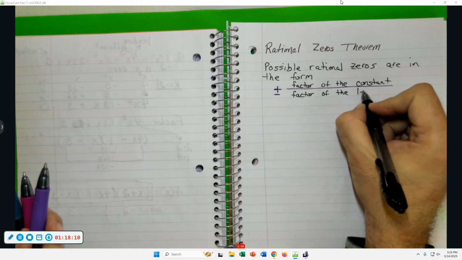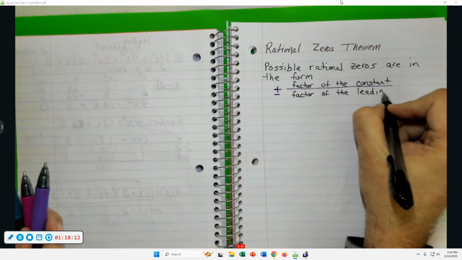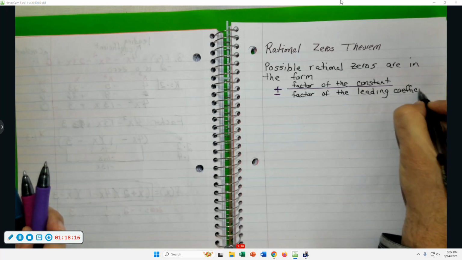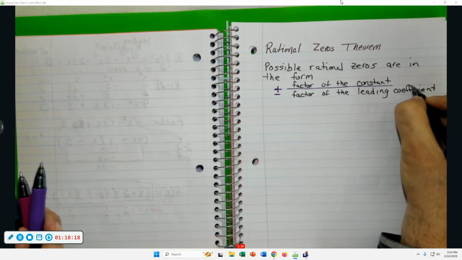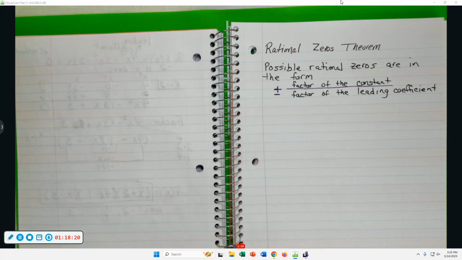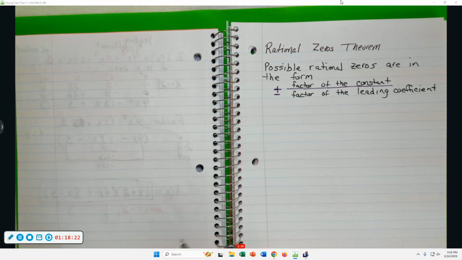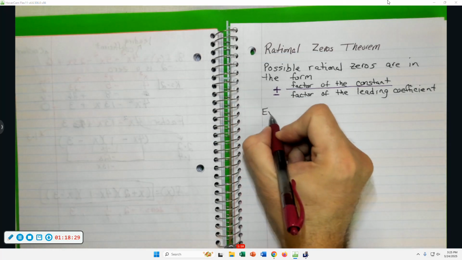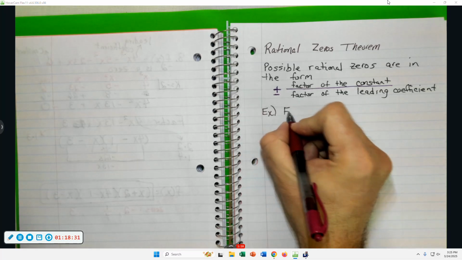You should go back to that one that we just did and apply the rational zeros theorem to show that. Factor of the constant term over factor of the leading coefficient. Here's an example. Number 4 that we were just doing.